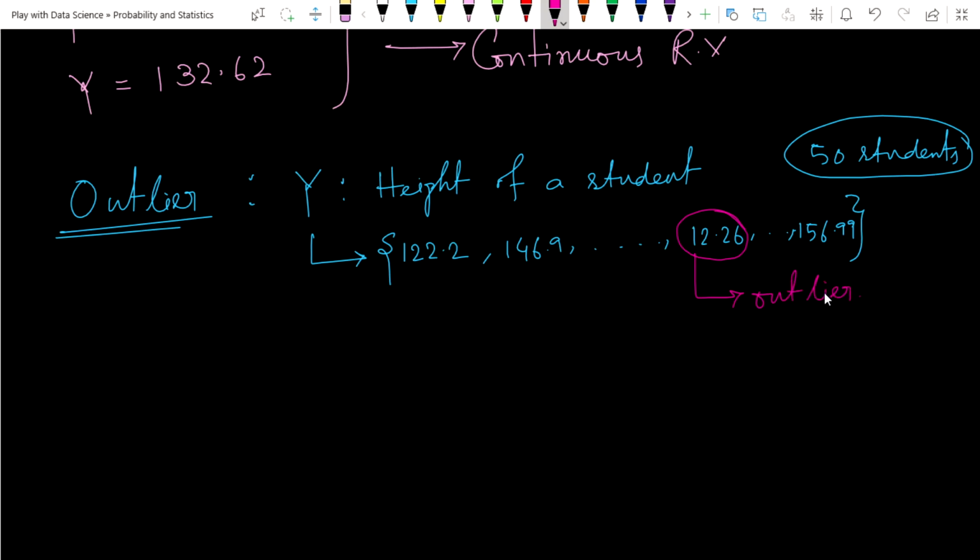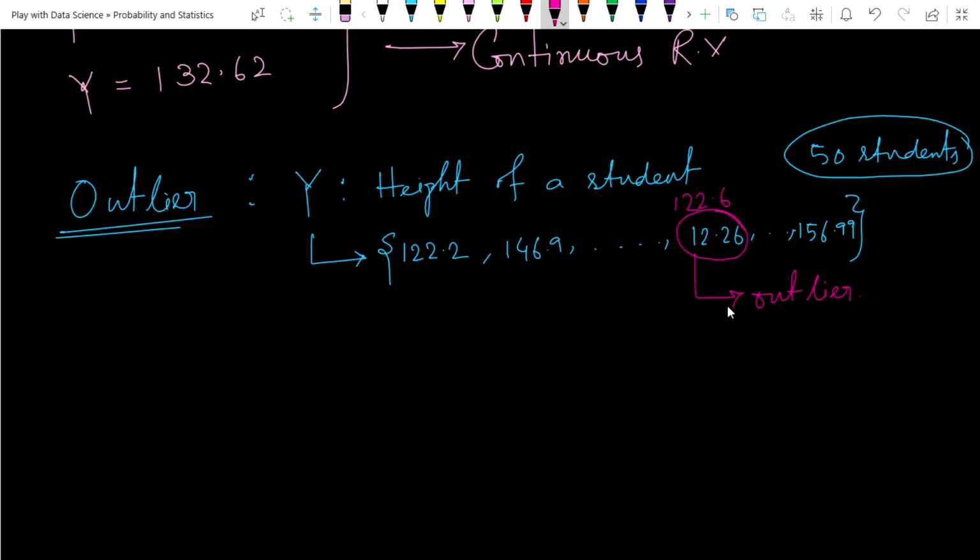outlier. The outliers of these data sets may occur because of some observations. Suppose those who counted the height made some mistakes by chance. Suppose instead of writing 22.6, they wrote these numbers.